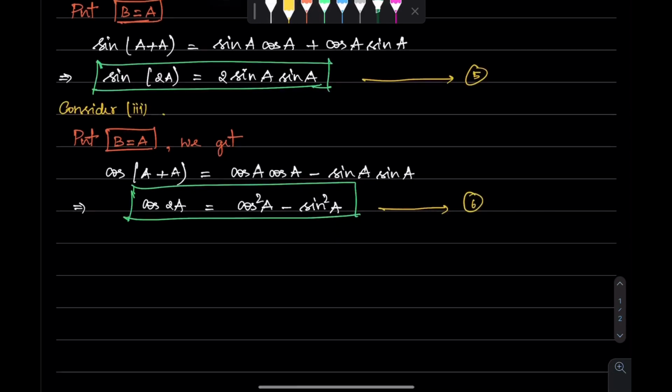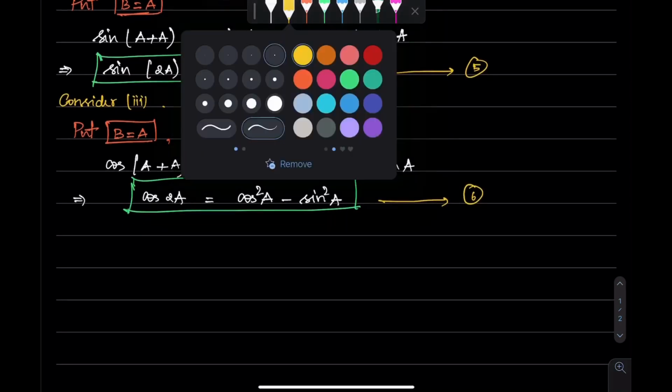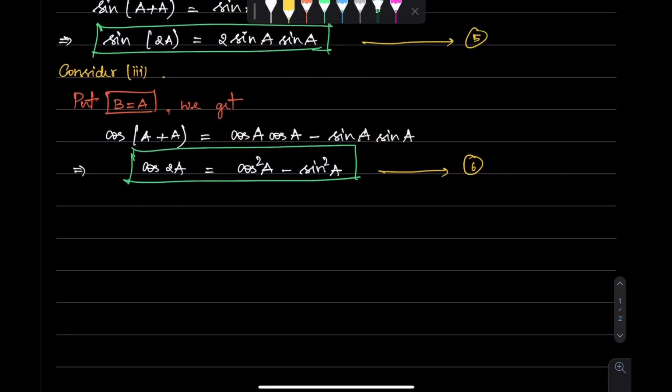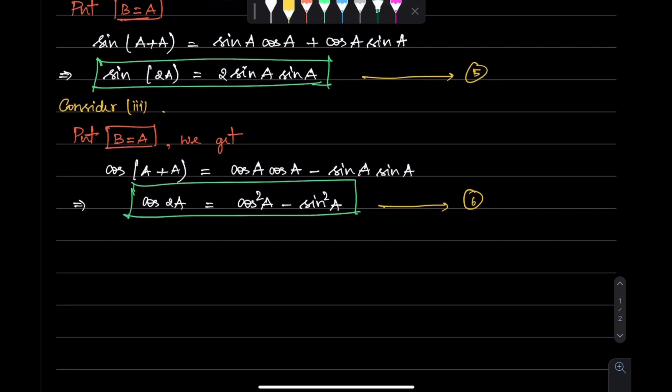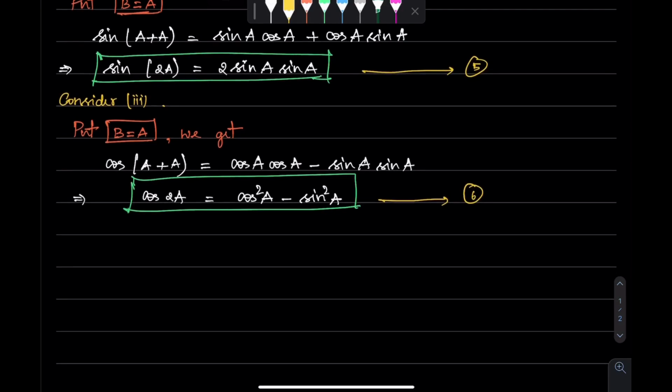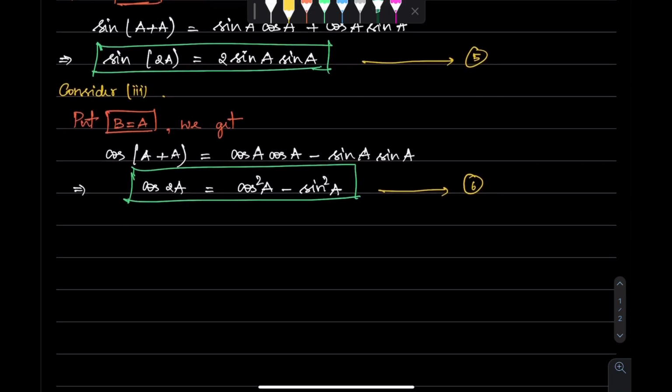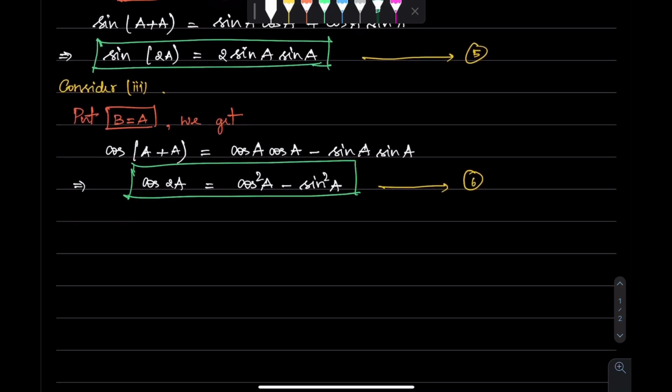Good. Now what do I get next? We got sin 2a and cos 2a, and obviously you need tan, for which I'm going to consider tan of a plus b.